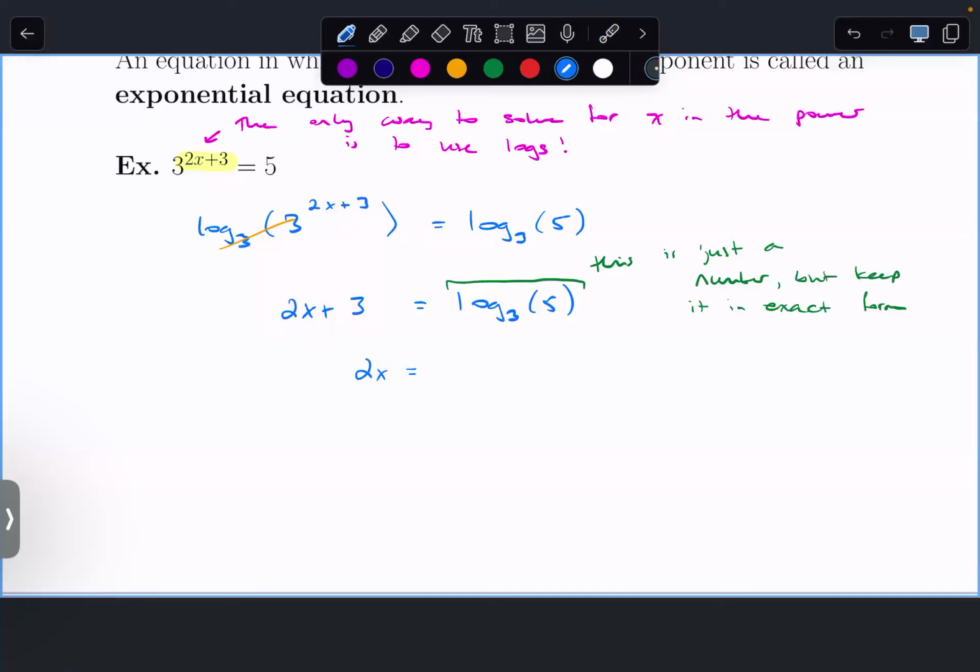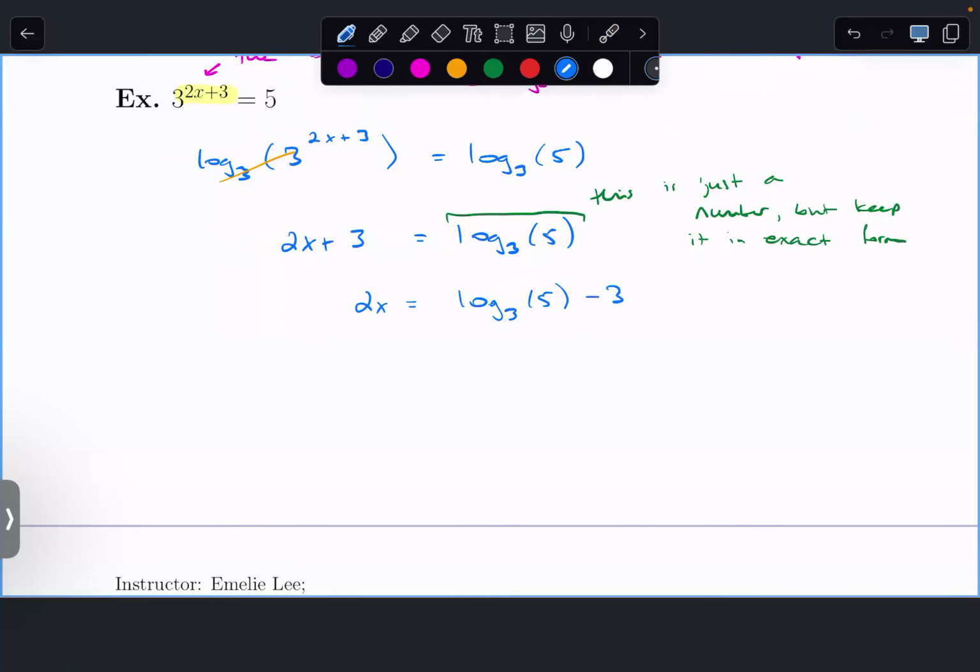So I get 2x is log base 3 of 5 minus 3. So x is log base 3 of 5, whoops, minus 3, divided by 2. Should be clear. So we have to use logs to get at something in the power, and that's the beauty of the logs.